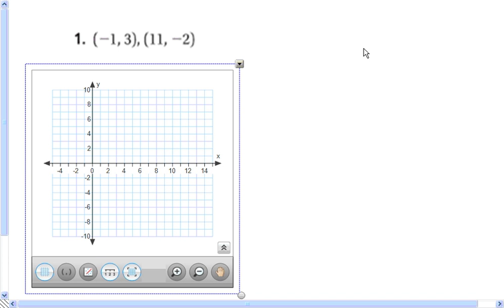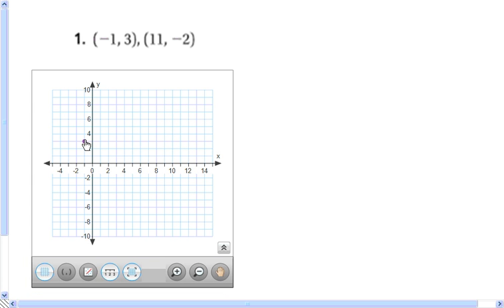So our point (-1, 3) is right there. And then (11, -2) is right there. And we're hoping that we got the point exactly halfway between them. Let's check that. From there to there is 10 units, so we need to move over 5: 1, 2, 3, 4, 5, which is right there.